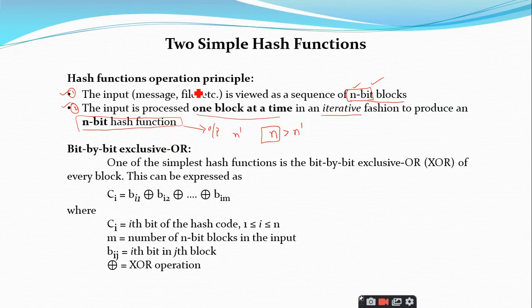Once we are clear about these general principles of hash functions, let us look at the first basic and simplest hash function, which is the bit by bit exclusive OR hash function. In short form we can call it the XOR hash function.